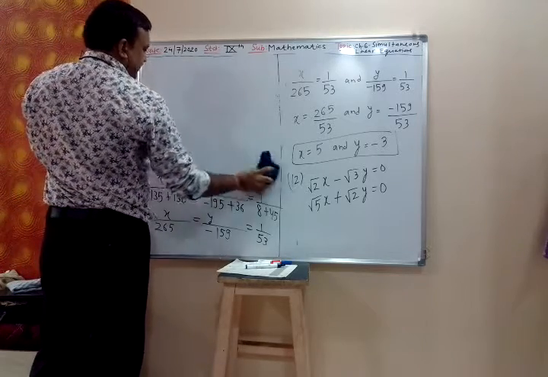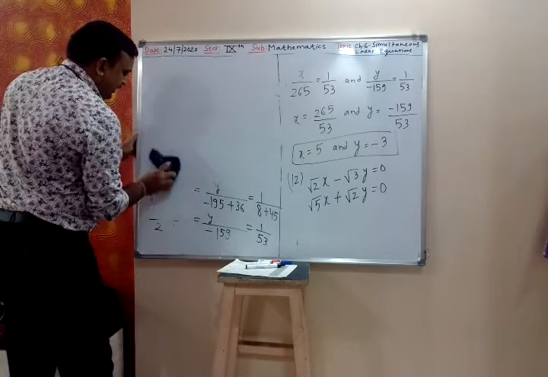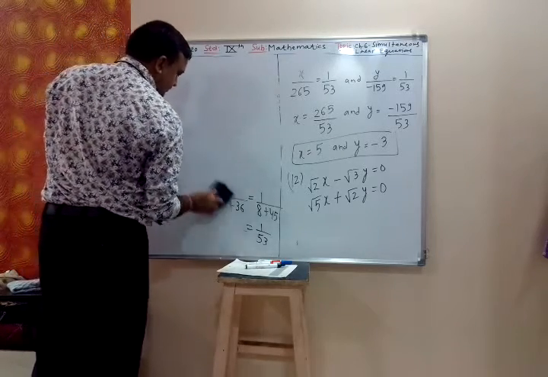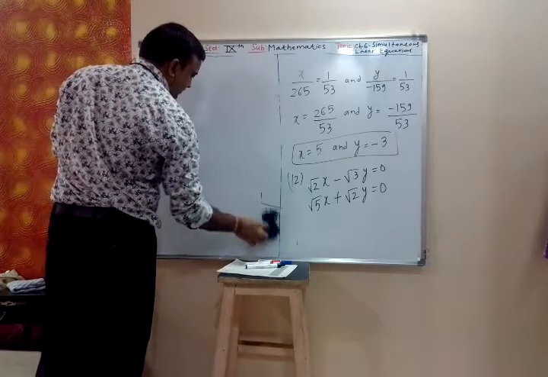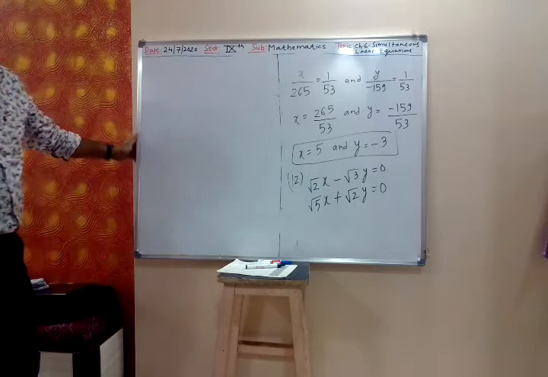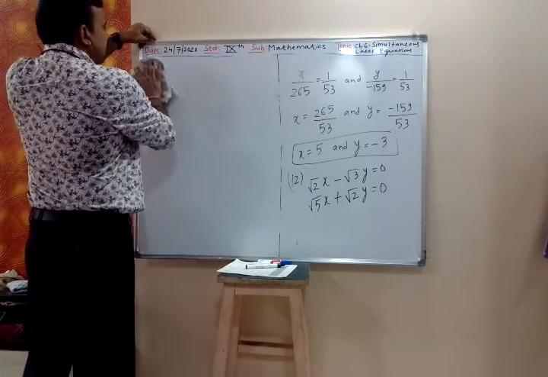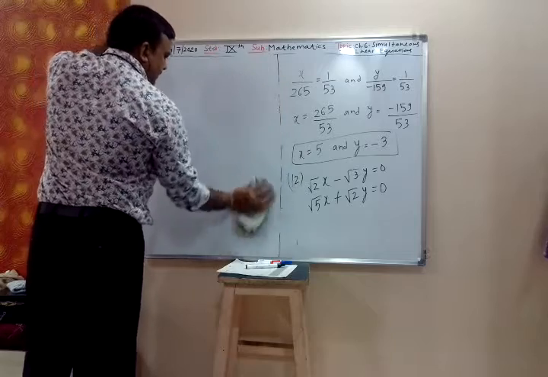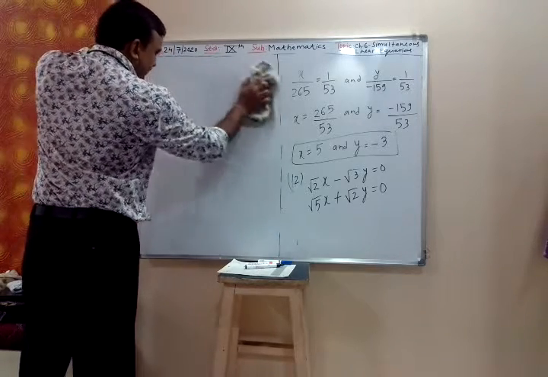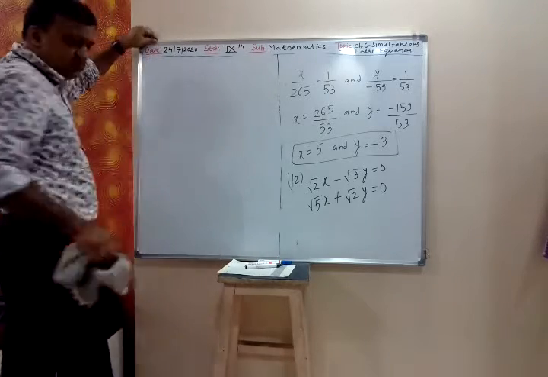Our first job is to write equation 1 in the form of a1x plus b1y plus c1 equal to 0 and equation 2 in the form of a2x plus b2y plus c2 equal to 0. Writing the equation in this form is important in the cross multiplication method. If you don't, you will get the wrong value of c1 and c2, and the entire calculation will become wrong.